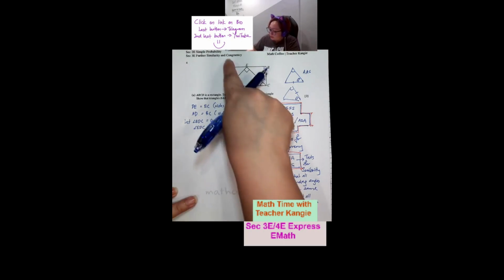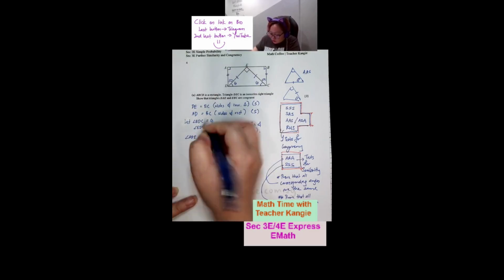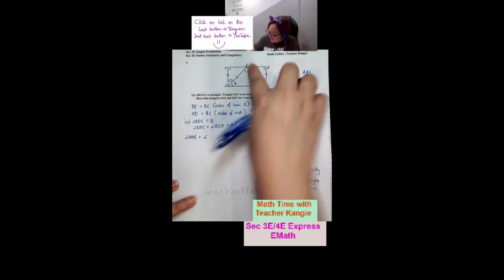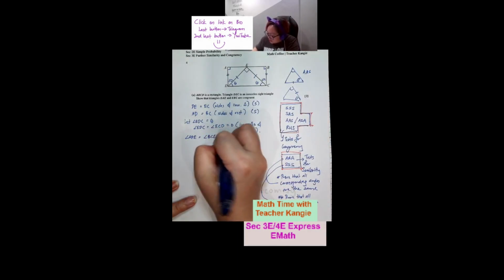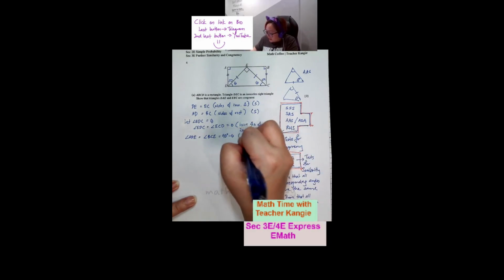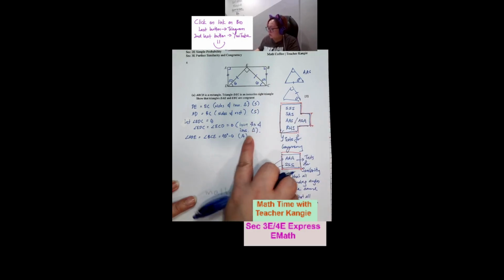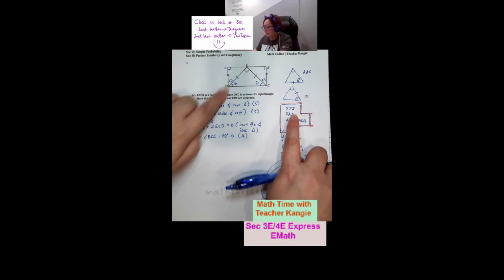Then with this, I can prove this angle already. So now I can say angle ADE is equal to angle BCE, which is equal to 90 degrees minus theta. So this is the A. So you see, I have proven SSA. So I have, and this is included, so it's SAS.